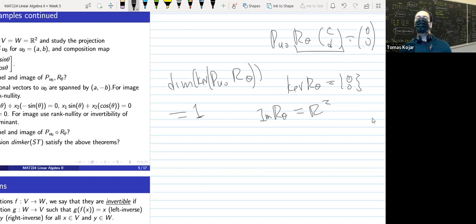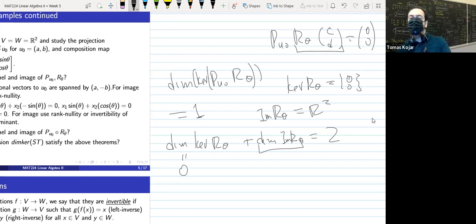Let me explain. You have the dimension of the kernel of rho theta plus the dimension of the image of rho theta equal to 2 by rank nullity. This one is 0, and this one is then 2. From the result we proved before, that implies the image of rho theta is the entire space.